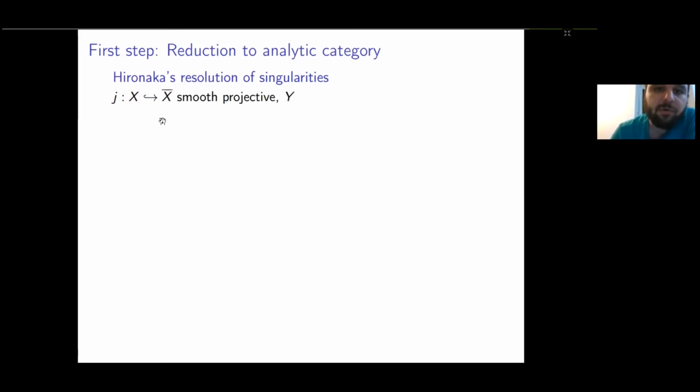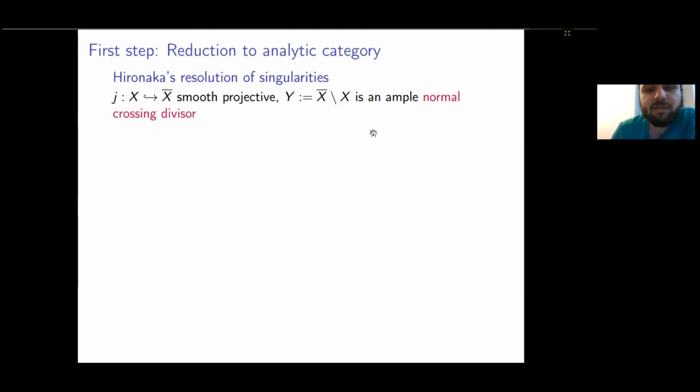And furthermore, we can assume that this completion is done in such a way that Y, which is defined as the divisor at infinity, the divisor that we add to X in order to complete it, is a normal crossing divisor.